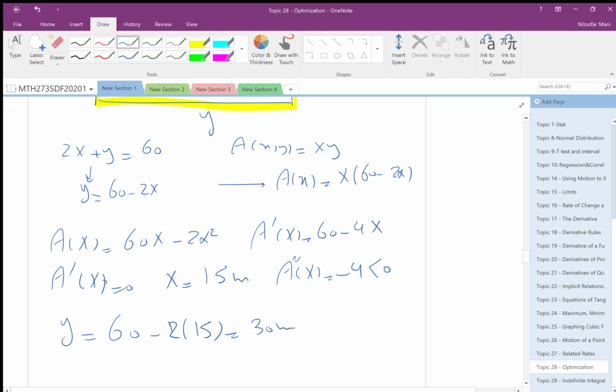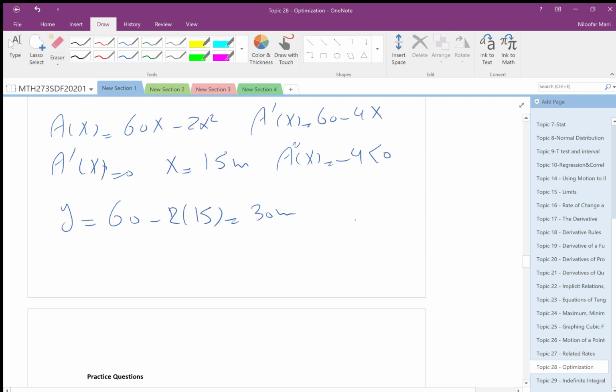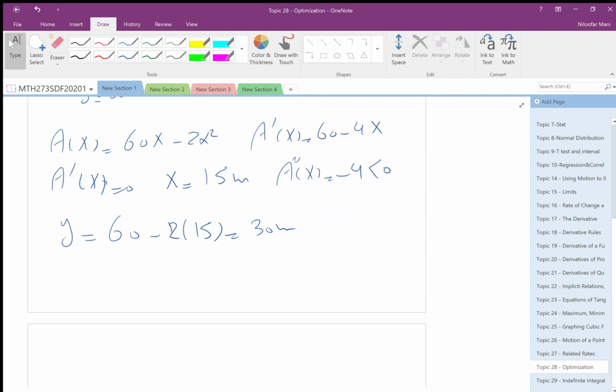So if I give you 60 meter of fence and I tell you you can make a land beside the lab, you don't need to use the fence for the wall, you can do this.